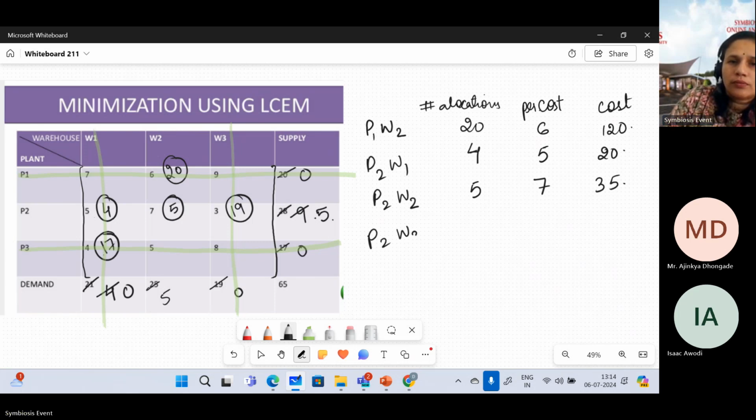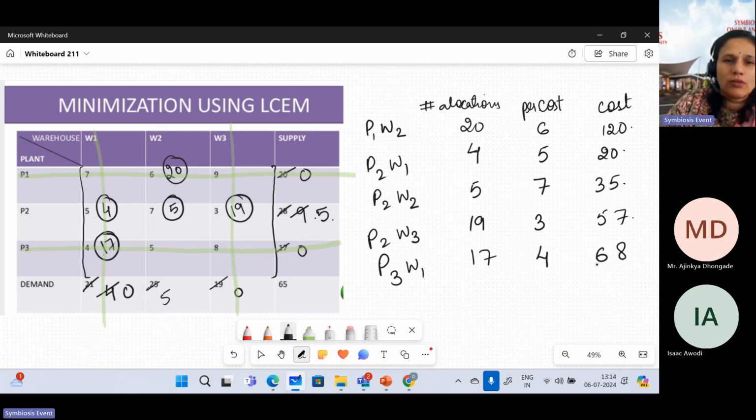P2W3: allocation 19, cost 3. And last, P3W1: allocation is 17, per unit cost 4, 68. Right?